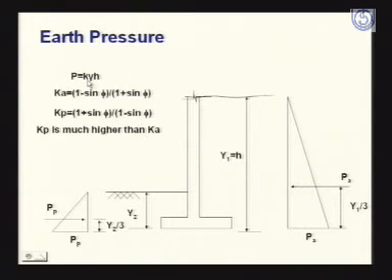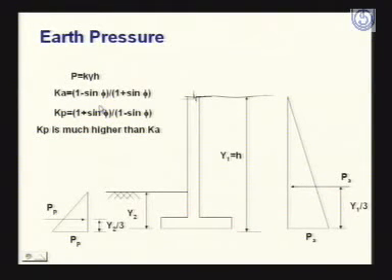and as you know, here either active pressure will be coming on the wall or passive pressure will be coming on the wall. So this K will be used as active earth pressure coefficient or passive earth pressure coefficient. If active earth pressure is there, then this coefficient will be used as active earth pressure coefficient Ka, and this is written as 1 minus sin phi divided by 1 plus sin phi, where phi is the angle of repose.